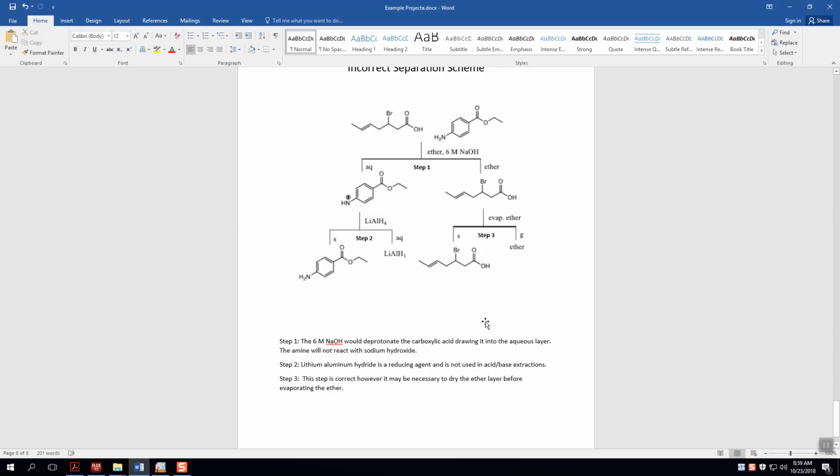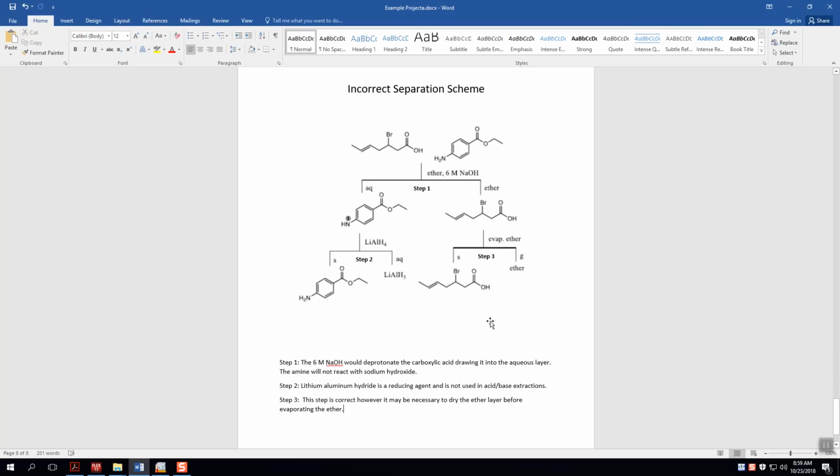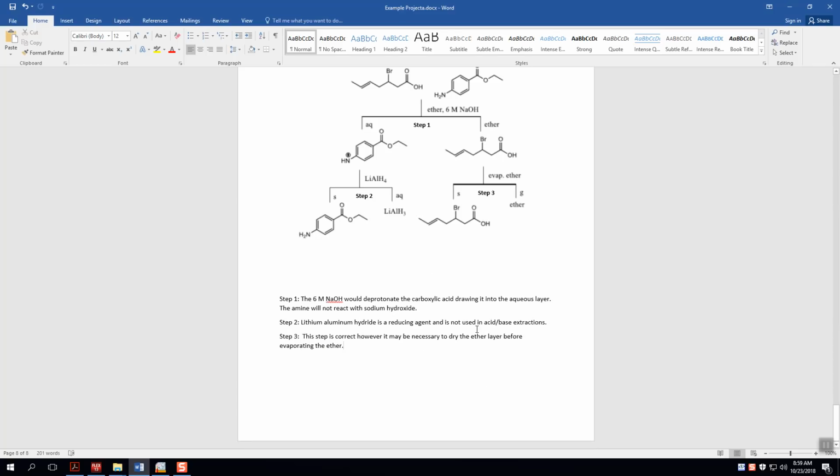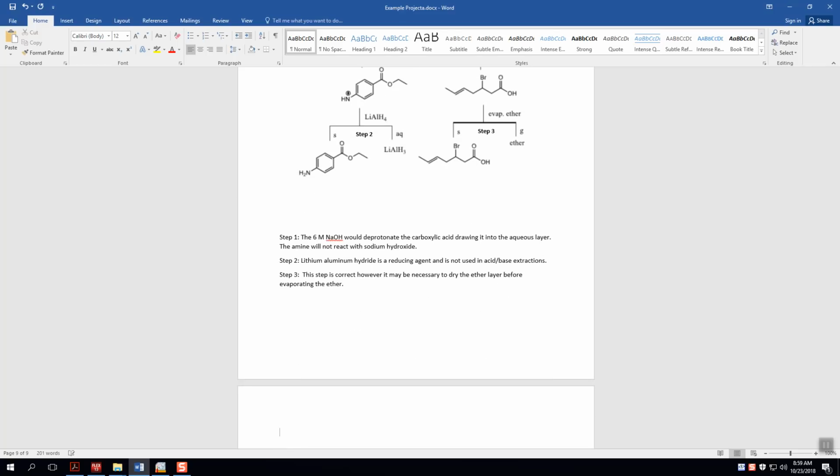So I hope this gives you some idea of one way in which an incorrect separation scheme can be considered as you go through each step and you decide what is wrong with it. Now, we need to write the correct separation scheme.